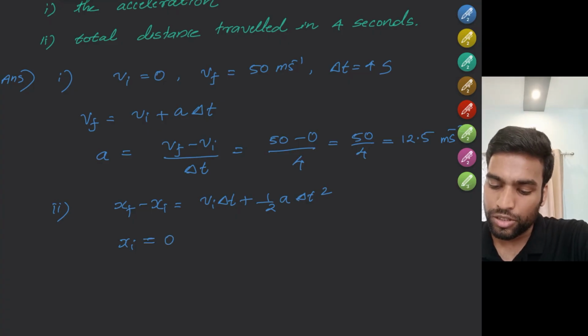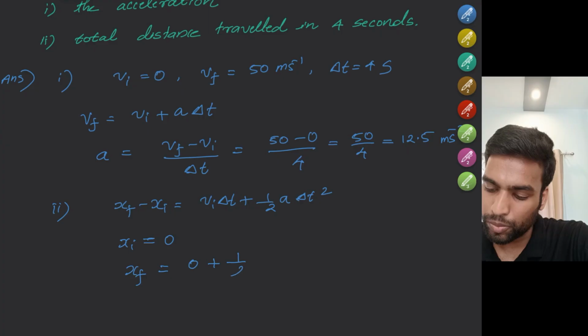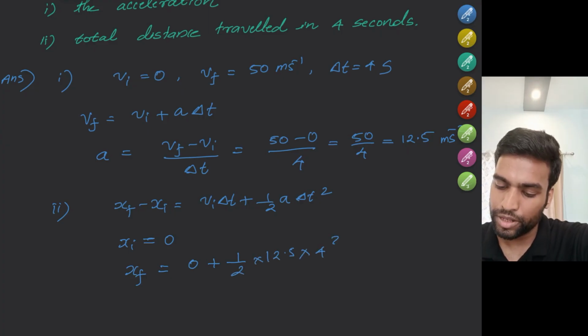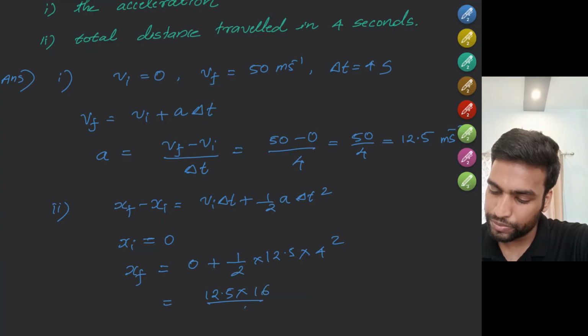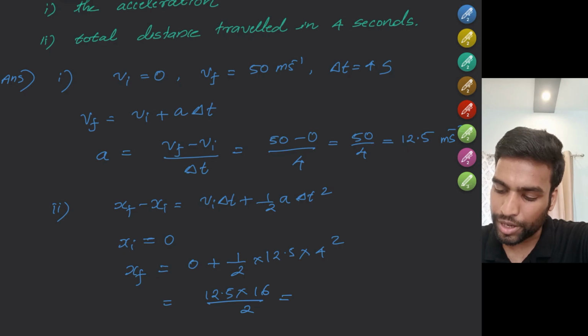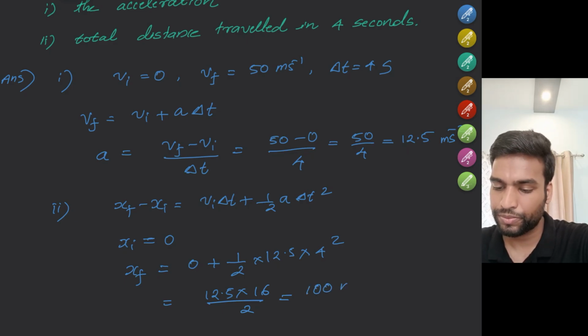So xf equal to 0 plus half into 12.5 into 4 square, right? That means 12.5 times 16 divided by 2, that is equal to 100 meter. Good. That is the answer.